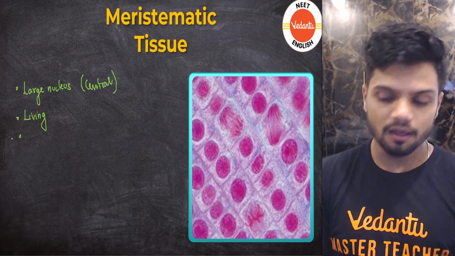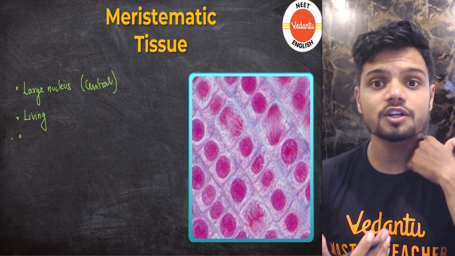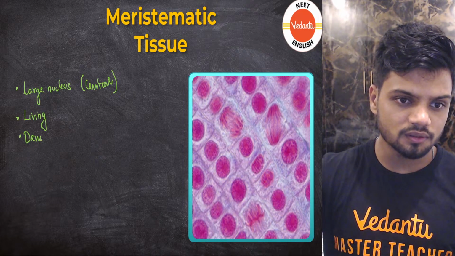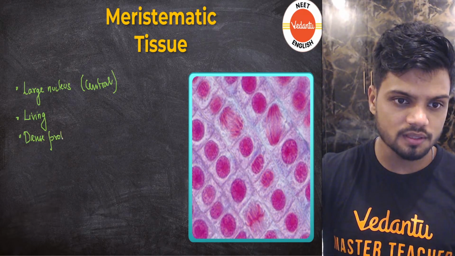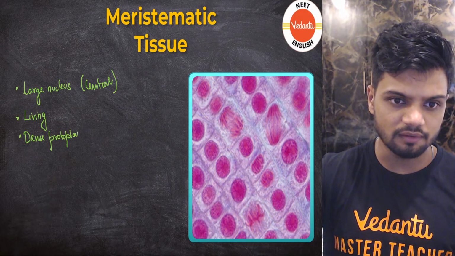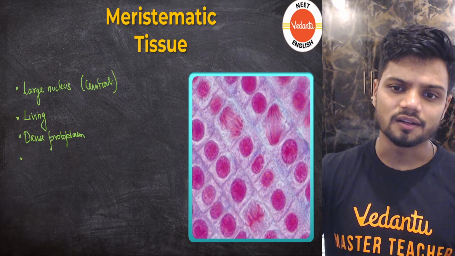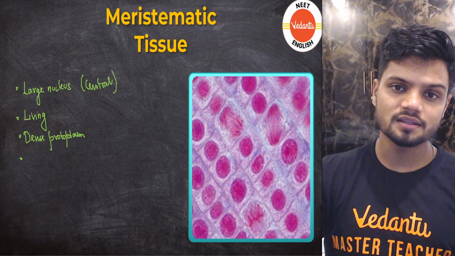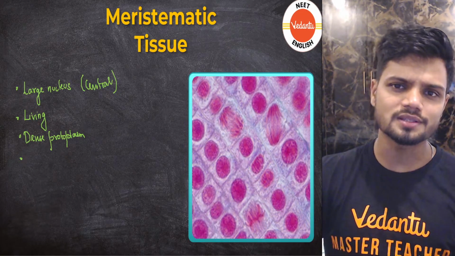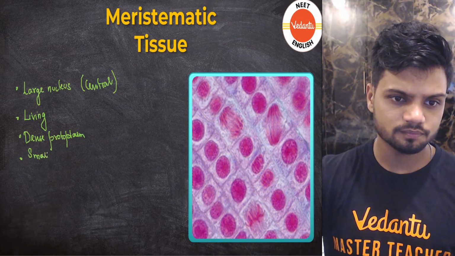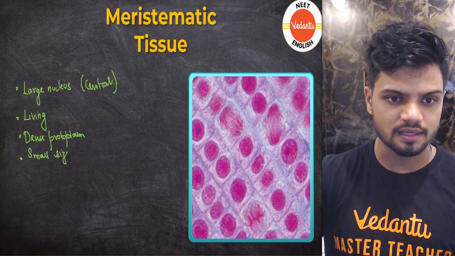If the dividing cell, the living tissue, is very fresh and very dense, can I tell they have dense protoplasm? Now students, do the cells here have small size or large size? They're dividing cells, new cells, right? So they are small size cells.